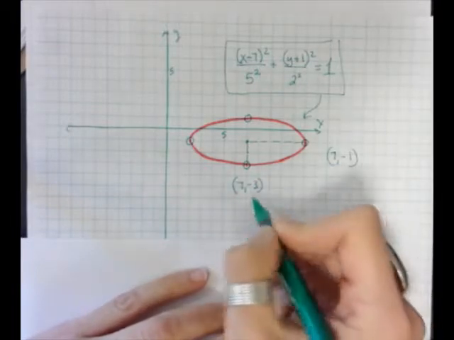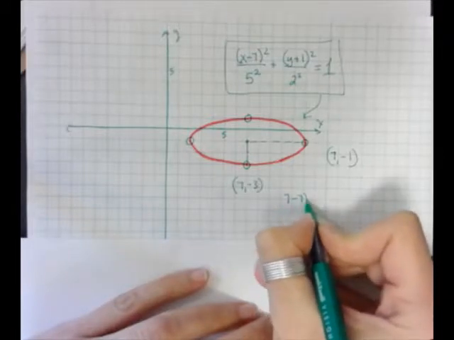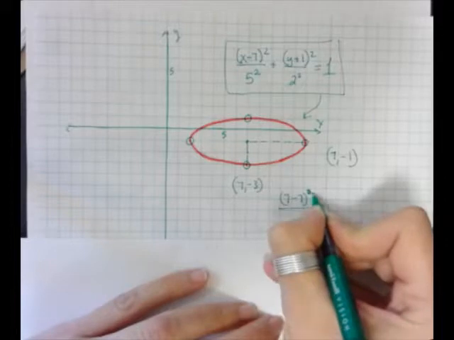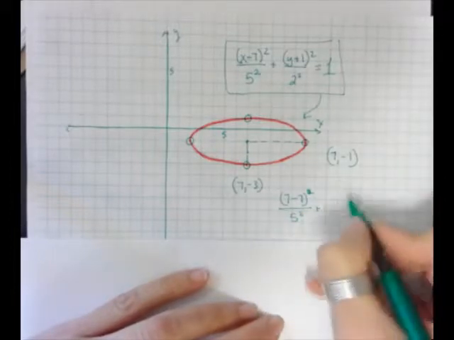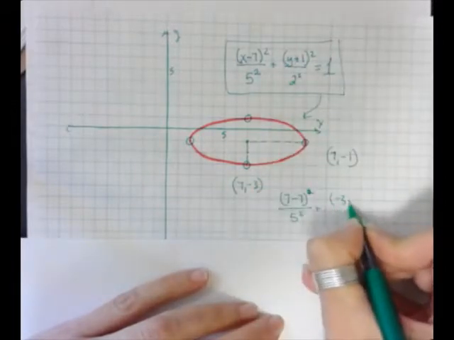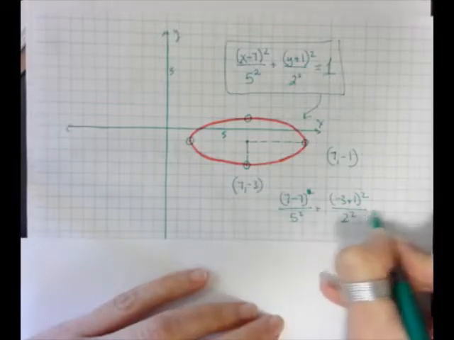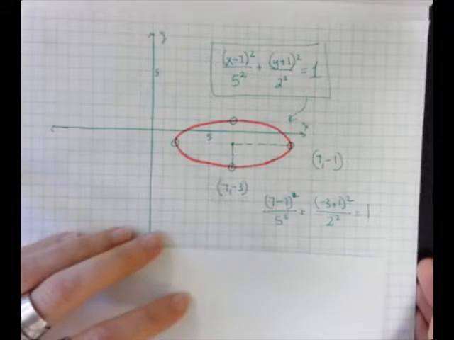So if I take this number and put the x value into here, 7 minus 7 equals 0. Oops, squared, excuse me. Plus, put my y into this guy, negative 3 plus 1 squared over 2 squared equals 1. So this should come out to be 1 if we're right.